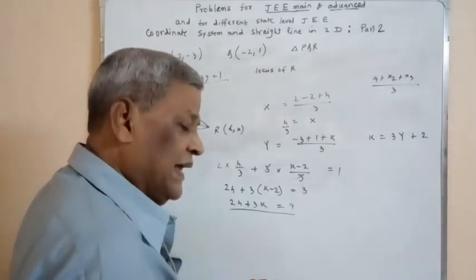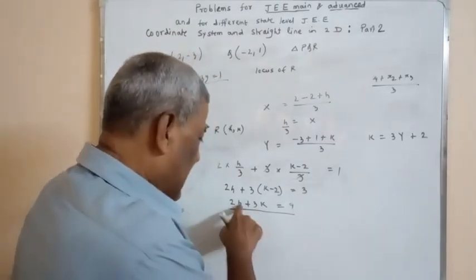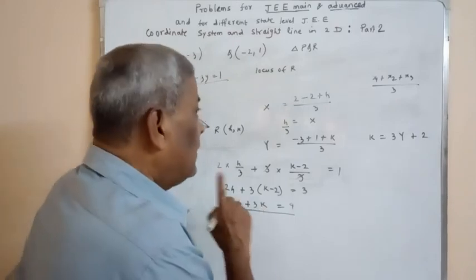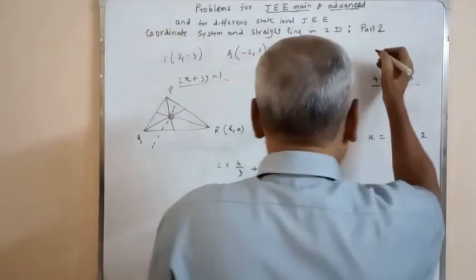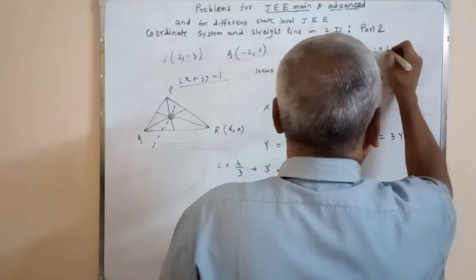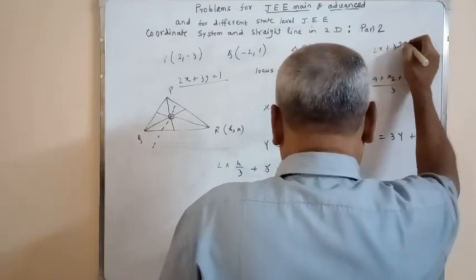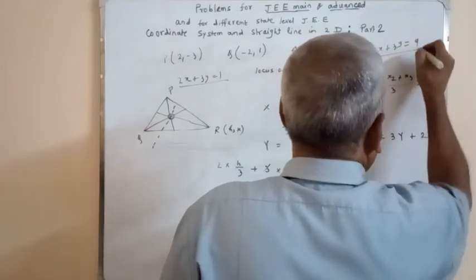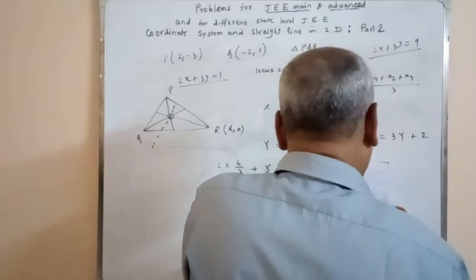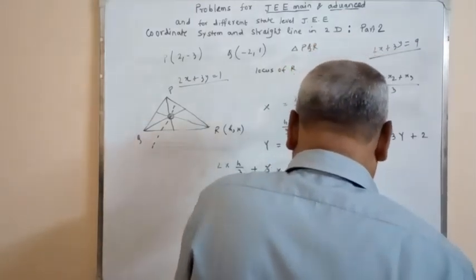You have to replace h by x and k by y. So it is 2x plus 3y is equal to 9. In fact, option 1 is correct for that problem.